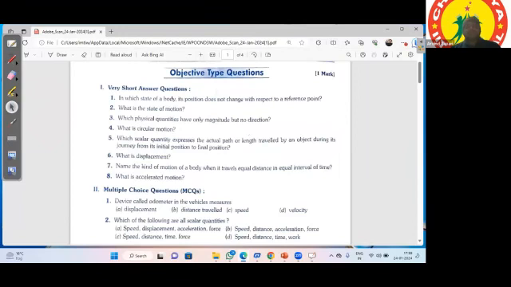So in which state of a body its position does not change with respect to the reference point? So what will we call that state? Rest. Yeah, we call that state to be rest. And what is the state of motion?